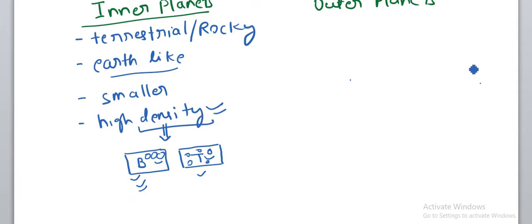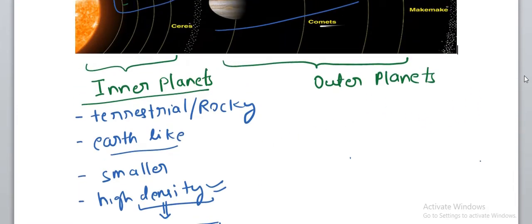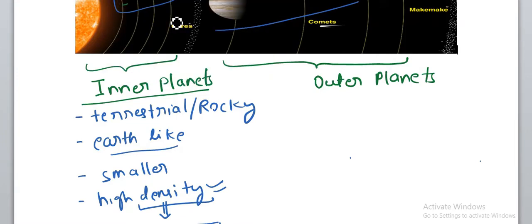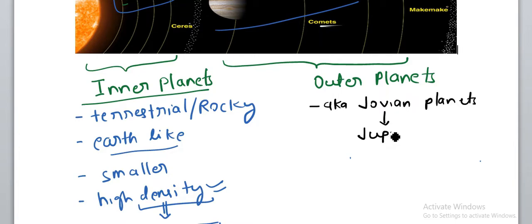On the other hand, moving on to the outer planets, the outer planets are also known as Jovian planets, where Jovian means Jupiter-like, right?